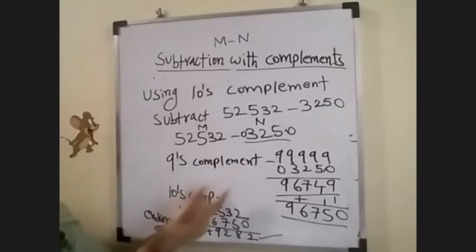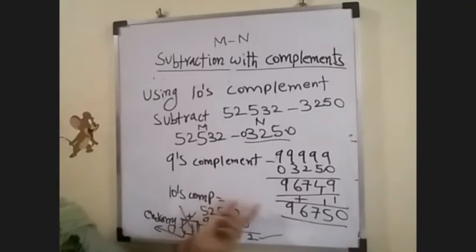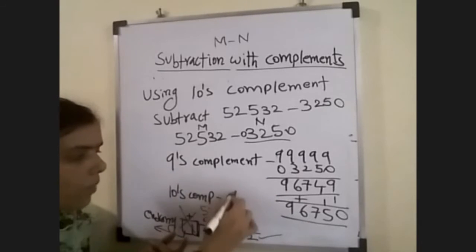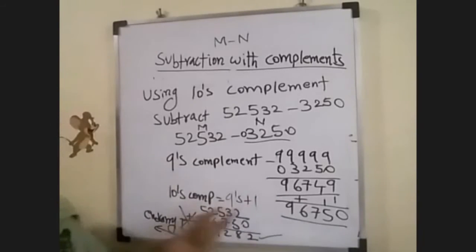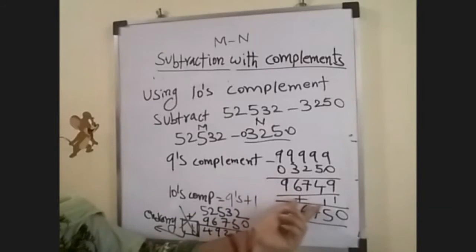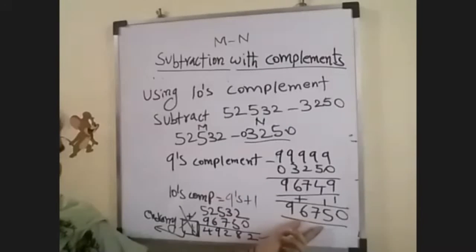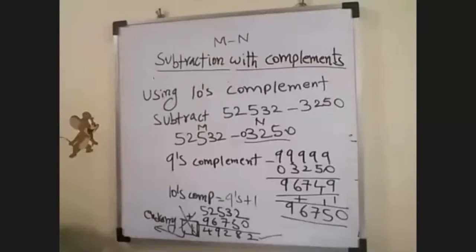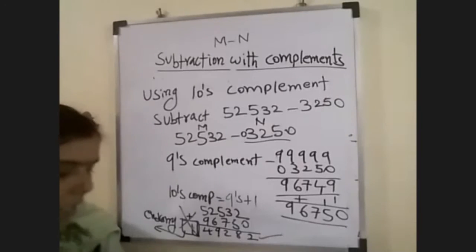After that, add plus 1, since the 10's complement is the 9's complement plus 1. You get the 10's complement result, 96750. Is it clear? Yes, ma'am. Okay, then next do one more example so you can easily understand.